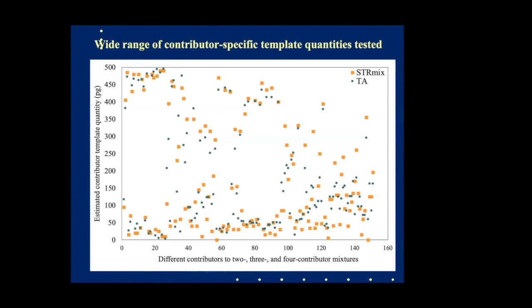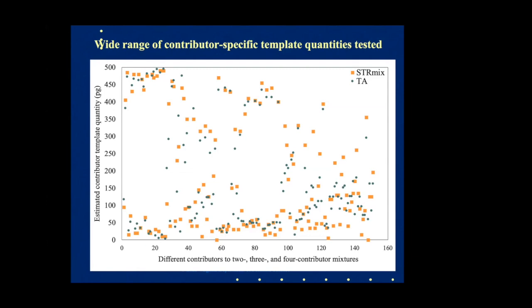These are extrapolated from each PropGen system's proportion estimates for the contributor proportions, and based on our target template input. On the y-axis is the estimated contributor template quantity in picograms, and without labeling each, these are just the different contributors to the 2, 3, and 4 person mixtures.